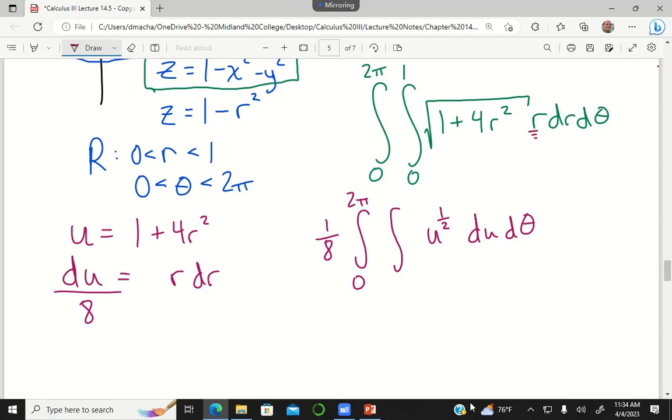My lower bound of integration is going to be 1 plus 4 times 0 squared, so it's going to be 1. My upper bound of integration is going to be 1 plus 4 times 1 squared, so it'll be 5. Don't forget to change your bounds.